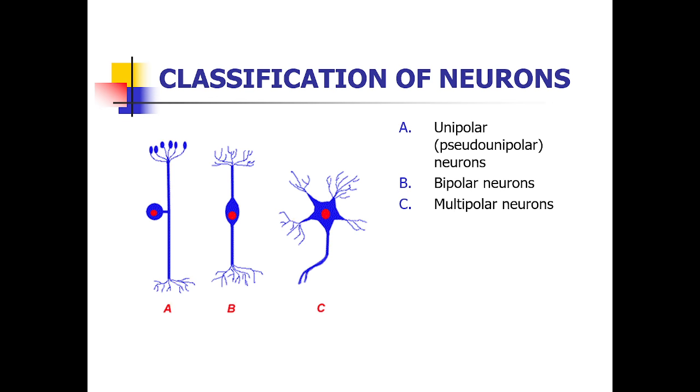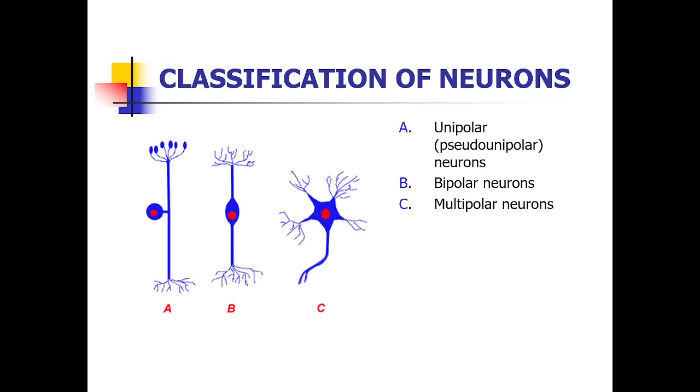Very good. Now I am looking at the next kind of neuron, and I'm seeing that two processes start from different poles of the cell, one axon and one dendrite, and that's my bipolar neuron. Guys, bipolar neurons are the rarest neurons in our body. We only have them in certain places like the retina of the eye or the organ of hearing.